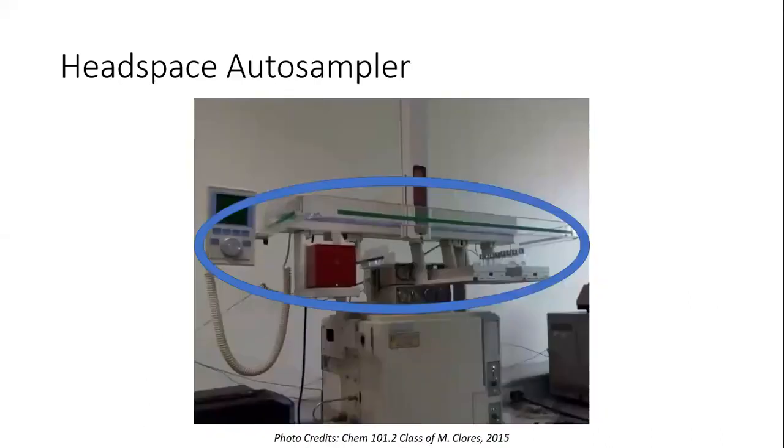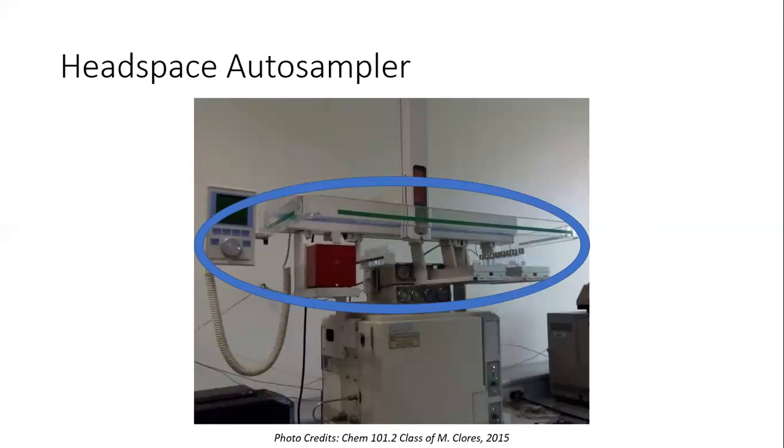So this is an example of a headspace autosampler. This was taken a long time ago, 2015. Before, there was a headspace autosampler for the GC at the ASL. However, recently it's not working anymore. So what the ASL does now is they perform manual injection when performing gas chromatography analysis.